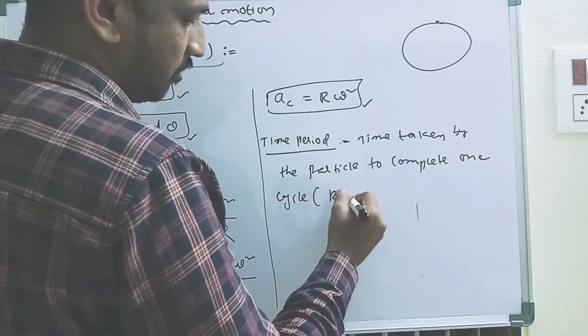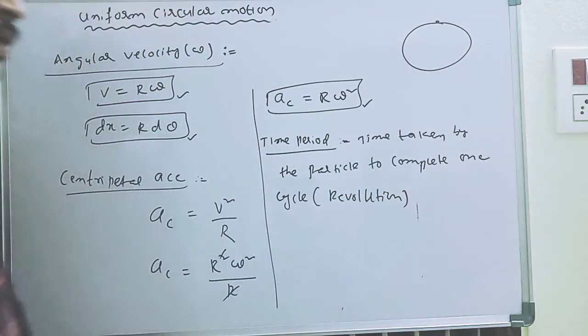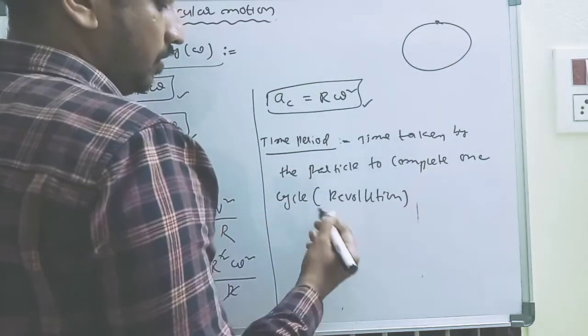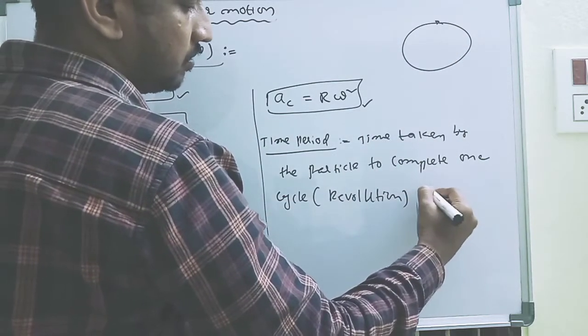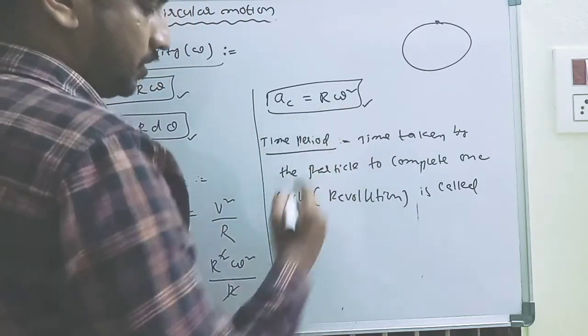One cycle means here one revolution. Time taken by the particle to complete one cycle or one revolution, that is called time period. Here, the time period of the object.